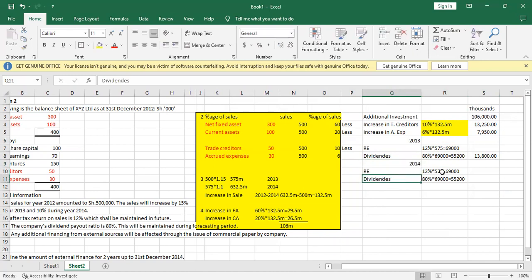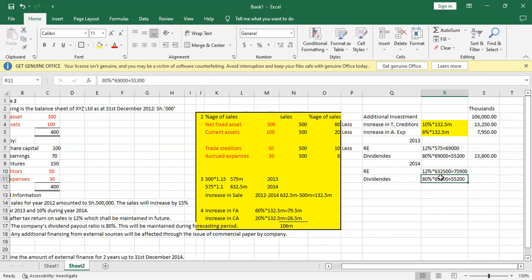So for 2014, I'll be working with the increased figures. The increased figure was 632.5, right? So 632,500, and I'm getting 75,900.